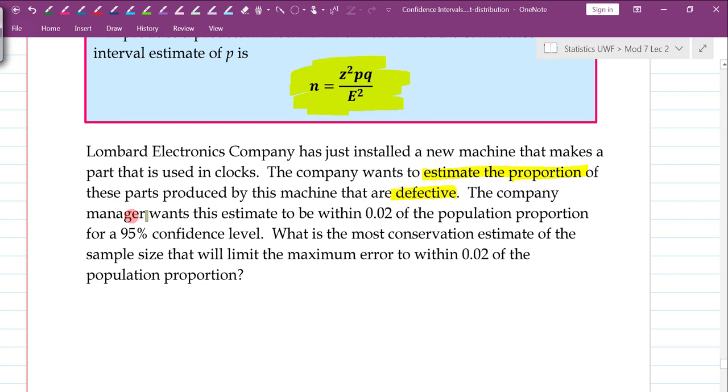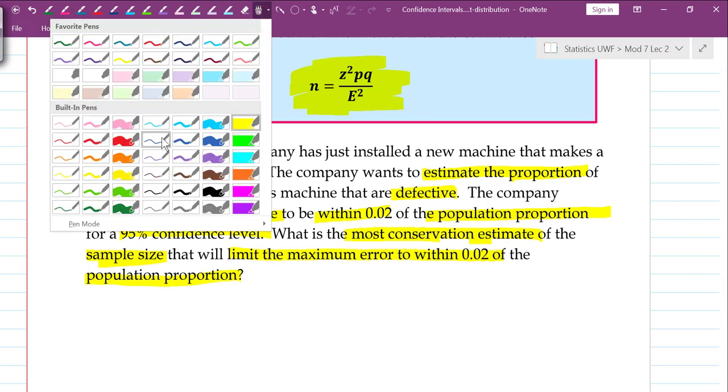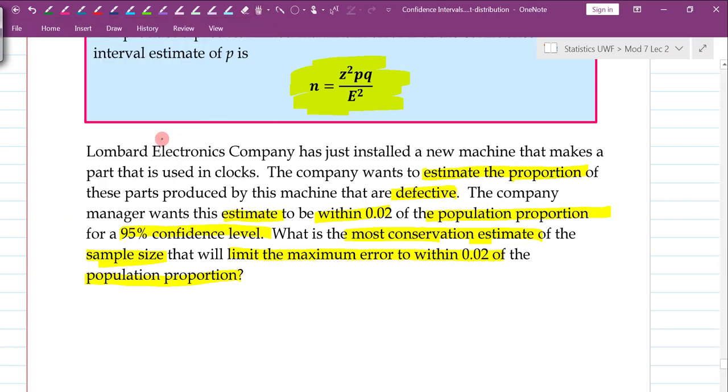The company manager wants the estimate to be within 0.02 of the population proportion with a 95% confidence level. What is the most conservative estimate of sample size that will limit the maximum error to within 0.02 of the population proportion?